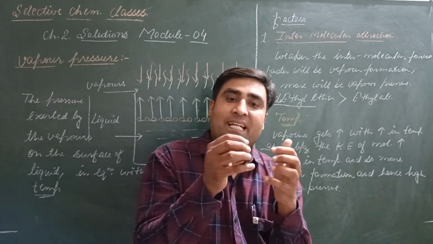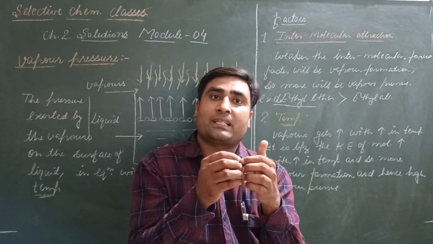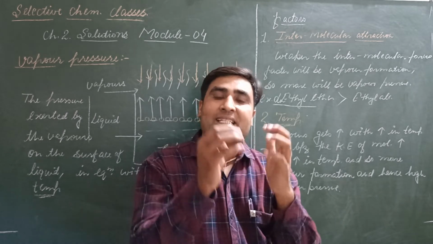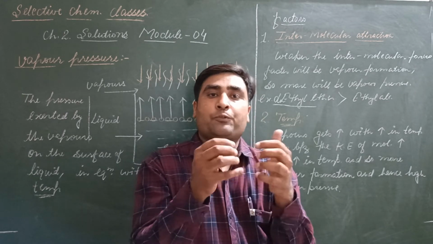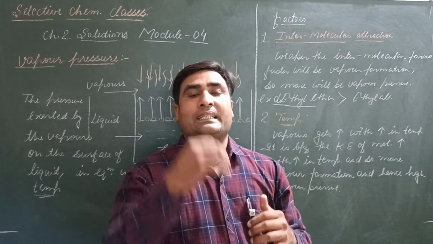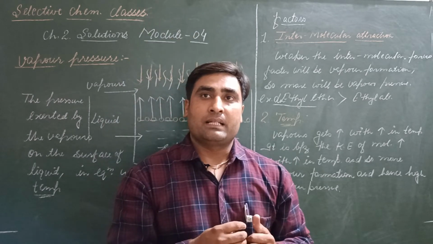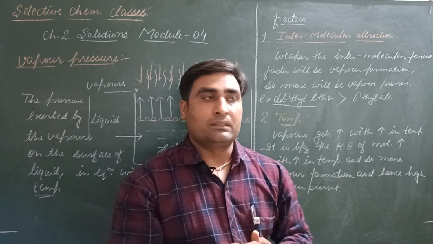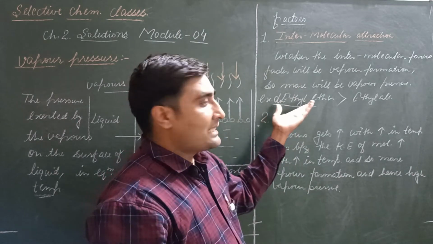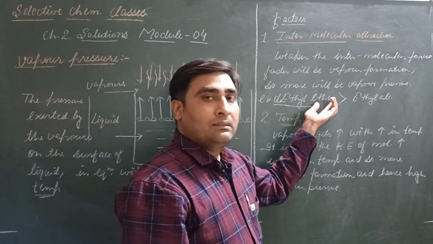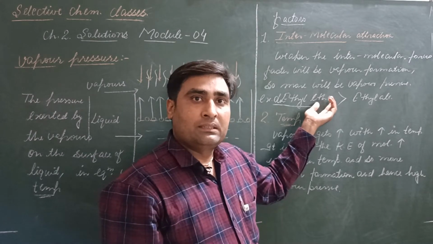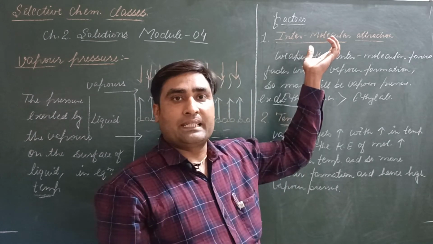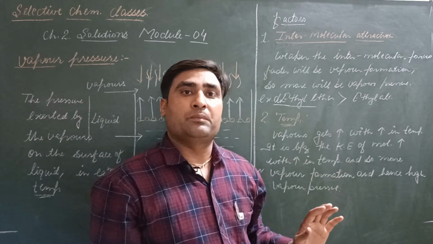If the force of attraction between different molecules is weak, by increasing some temperature, these forces can easily break down and they will go to the vapor state. And there they will exert the pressure over the surface of liquid. As we have taken example in case of ether, the interaction is weak. That's why the vapor formation will be high and hence vapor pressure will be more.